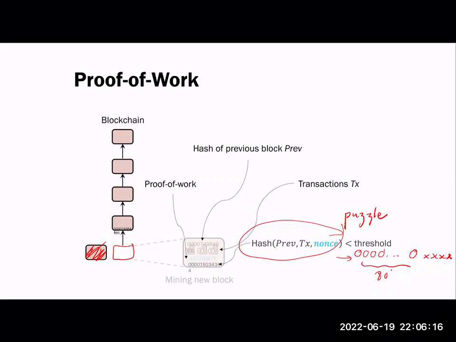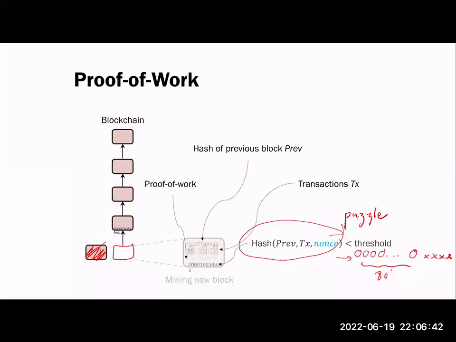To prevent the bad guys from completely overwhelming the system, you're saying that if you want to participate in this protocol, you need to spend some computation, some energy, and you need to have some hardware. That puts a barrier to entry, making it harder for people to join the system.